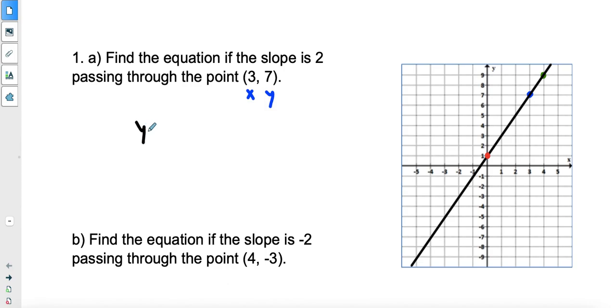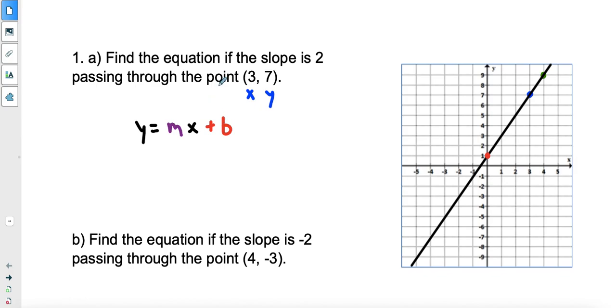Now remember, the equation of a line is given by this form: y = mx + b, where m is the slope, or the rate of change, and b is the y-intercept.